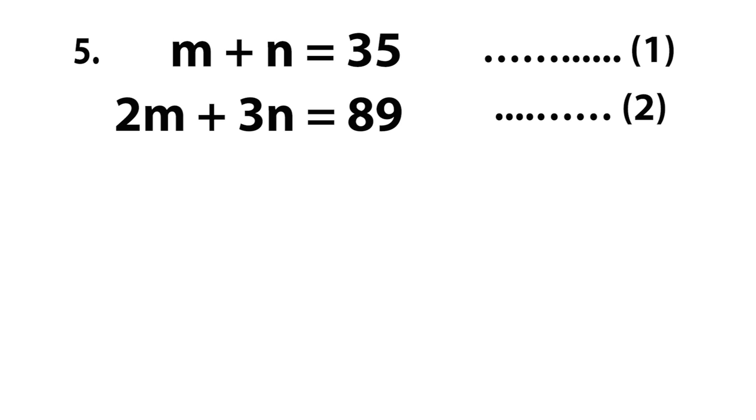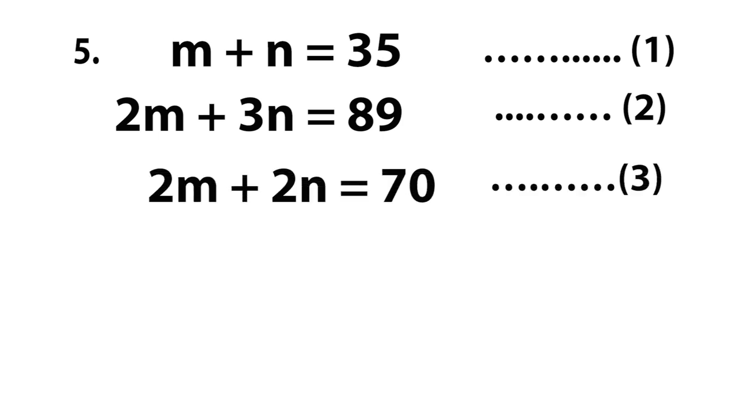Looking at the two equations carefully, let's multiply equation 1 by 2 so that we can eliminate M. To do this, make the coefficient of one of the variables in the two equations the same. And that will give us 2m plus 2n is equal to 70.